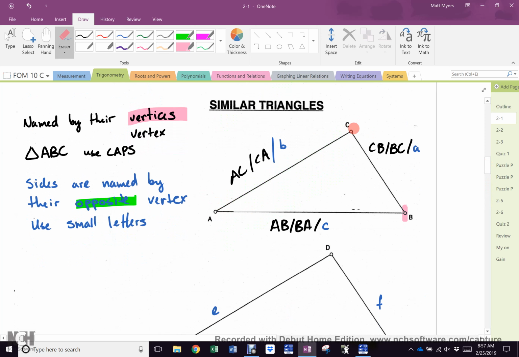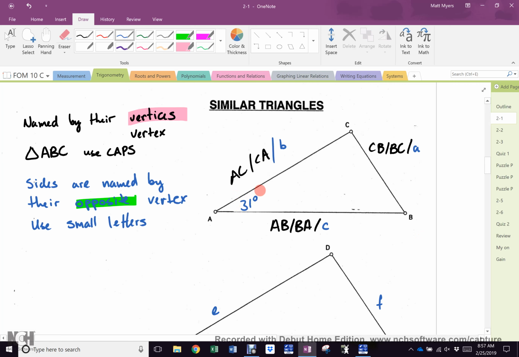So, if you know how to do this, you should be able to tell me the value of angle A. 31 degrees. Everybody happy? Everybody can read it, right? Okay.